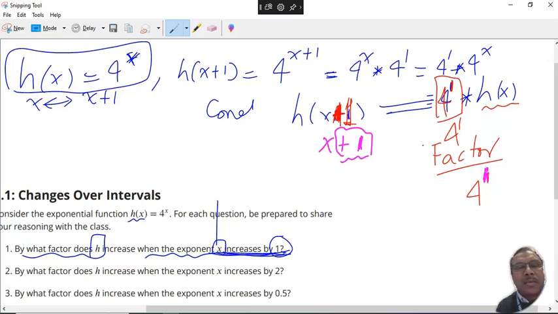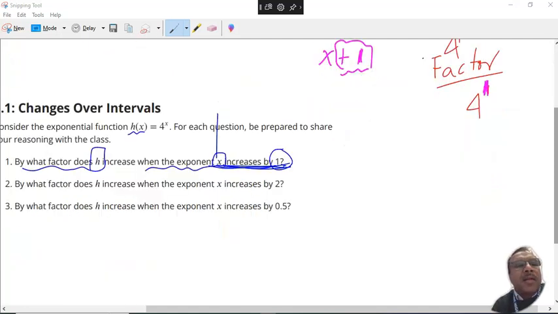Let's do the second one. Okay, the second question is, by what factor does h increase when the exponent x increases by 2?